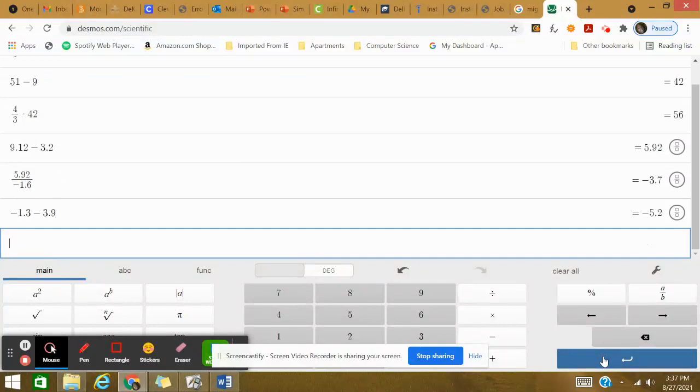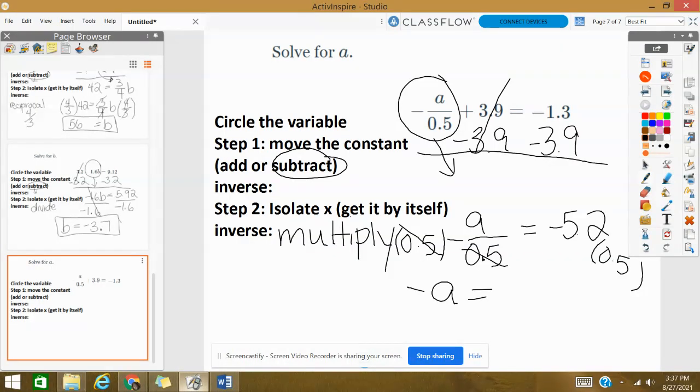Go back to the Desmos calculator. Negative 5.2 times 0.5. It's going to give me negative 2.6. Negative 2.6. And remember that your variable can never be a negative value.